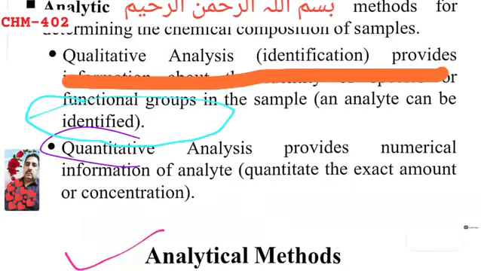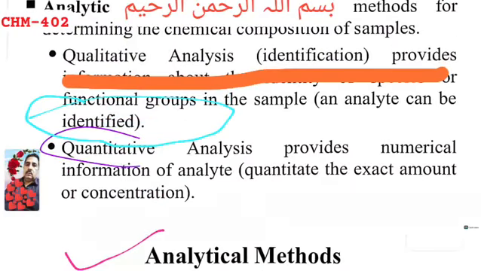Here is the chart given. Quantitative analysis is further classified into two types. One is the volumetric method, which is the traditional or classical method. Second is the gravimetric method.